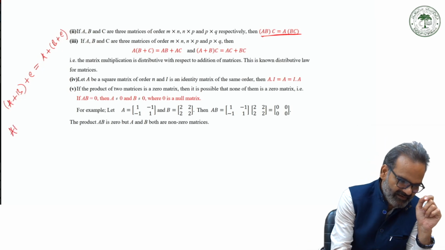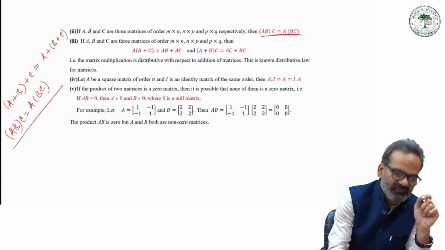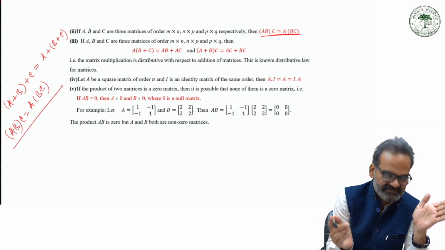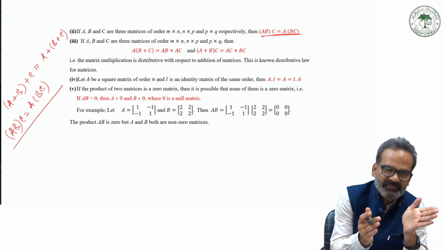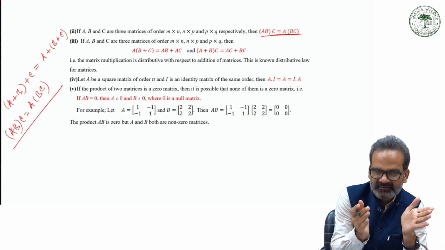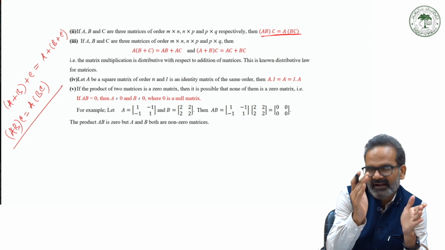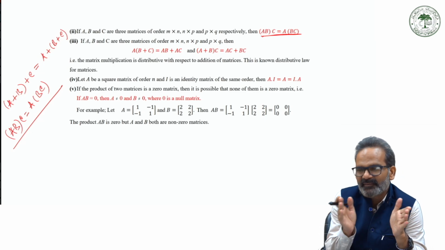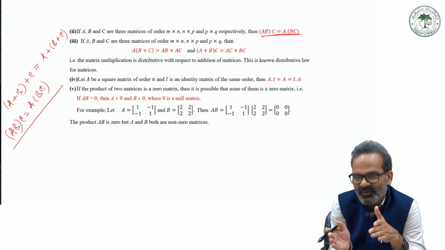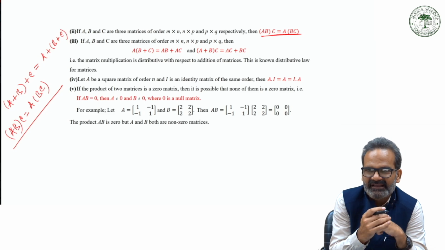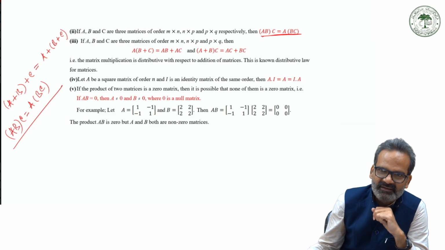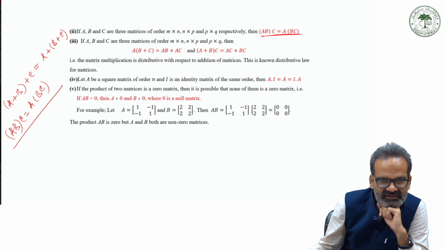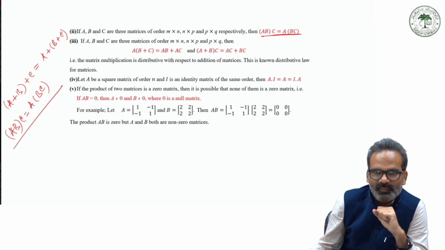What you get is (AB)C equals A(BC). What does it mean? If we have three matrices A, B, C, and A and B are multiplied first, you get the product, and this product is multiplied with the matrix C. Or B and C are multiplied first and this product is multiplied with the matrix A. In both ways you will get the same result. And this property is known as the associative property.